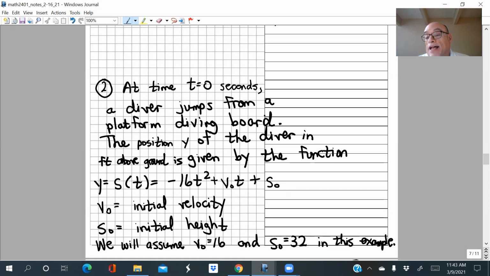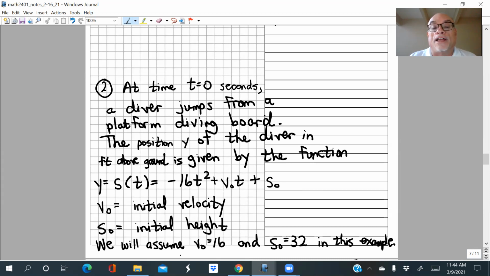Okay. Now, of course, the diver's velocity is going to be changing over time due to the effects of gravity, right? But v sub 0 is the initial velocity. This is going to be in feet per second. And then s sub 0 is the initial height of the diver. Okay, so this is sort of the height of the diving board, right? This is the height that the diver is jumping from.